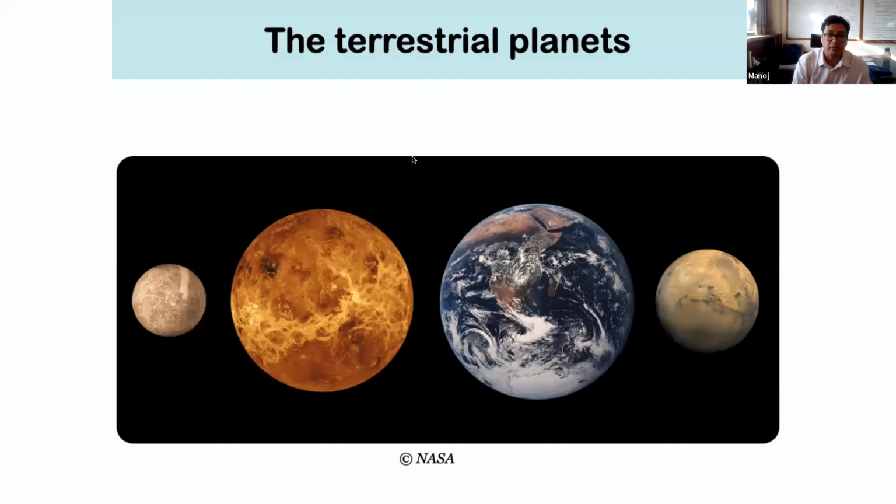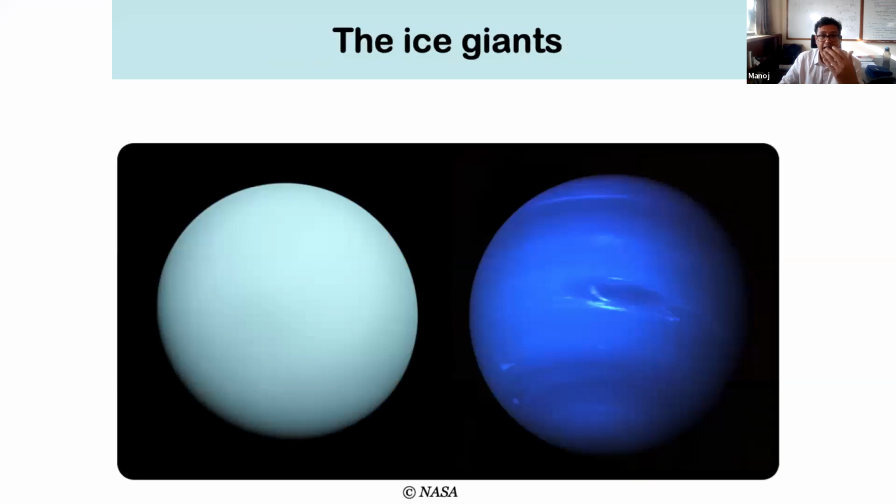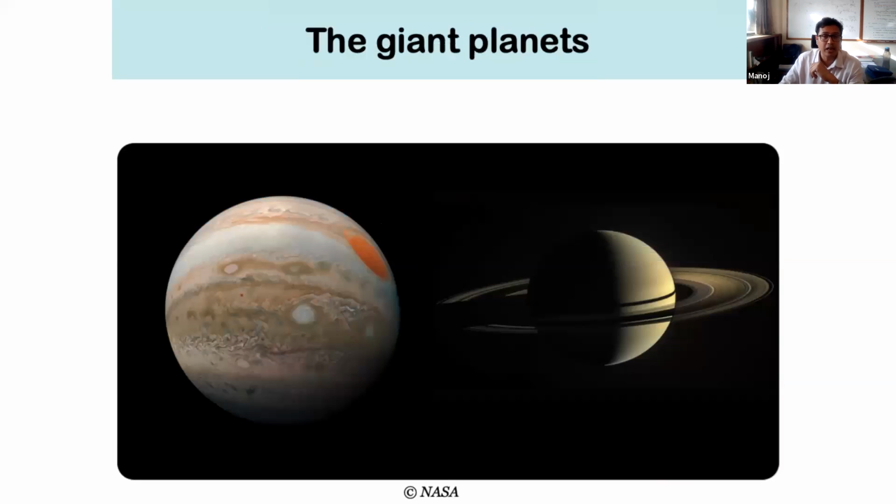You probably know that the smaller planets we often call terrestrial planets, which in our solar system are Mercury, Venus, Earth, and Mars. Uranus and Neptune we call ice giants. I might use this terminology throughout the talk. And gas giants are Jupiter and Saturn, because they have predominantly hydrogen-helium envelopes.